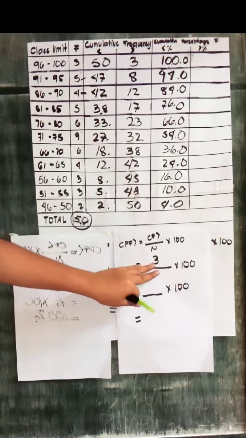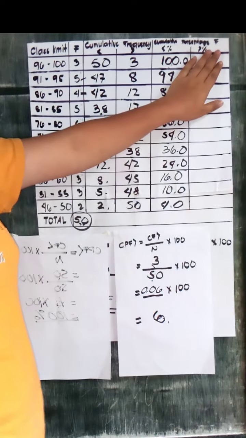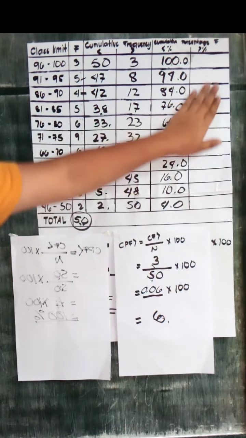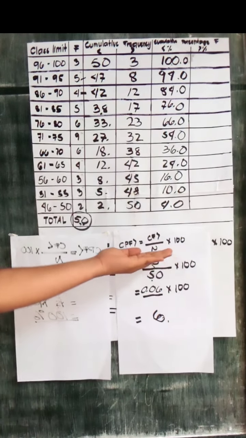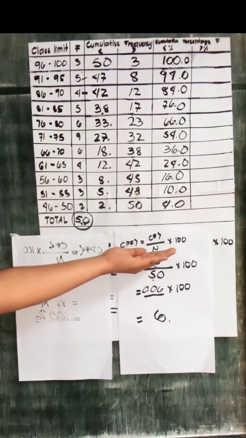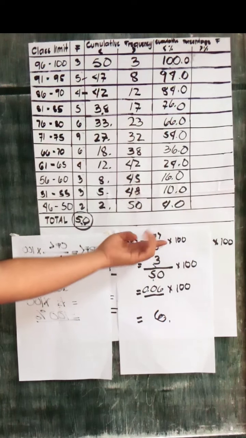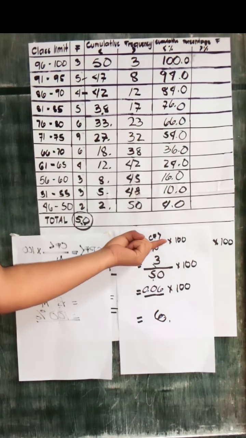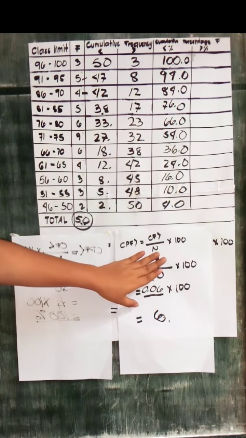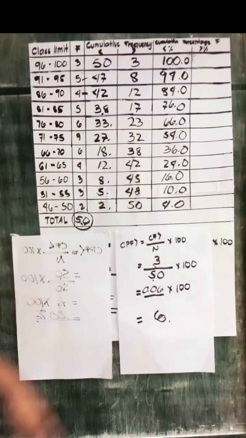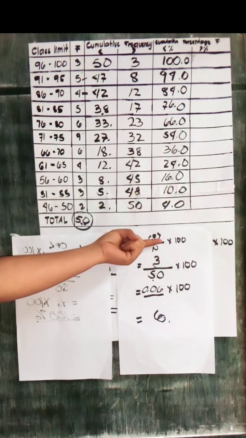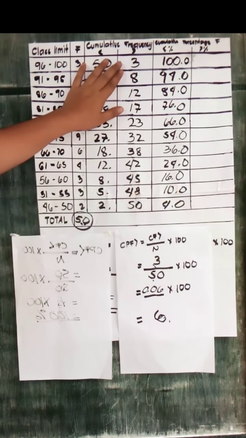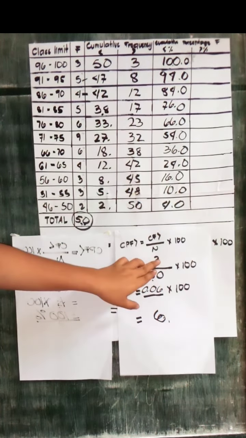Now we're going to find the cumulative percentage frequency greater than. In our formula, we have CPF greater than equals CF greater than over the number of cases times 100. In the cumulative frequency greater than, we have the number 3, so we will put 3 here.